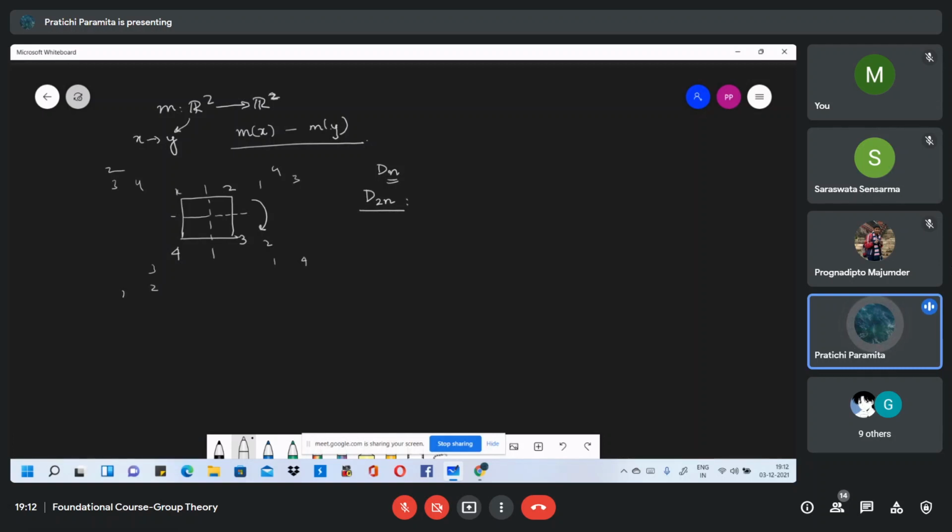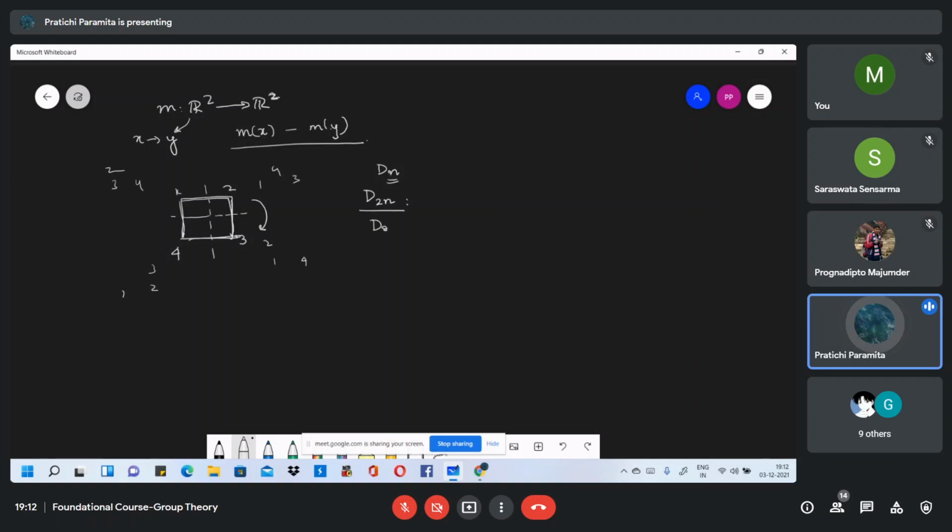In this case, it will be D8, and it will be all the possible operations that I can perform on this polygon. It needn't be a square or a rectangle, it can be a pentagon, decagon, nonagon, anything. And accordingly, we find D2n. There will be n rotations about the center and n flips.